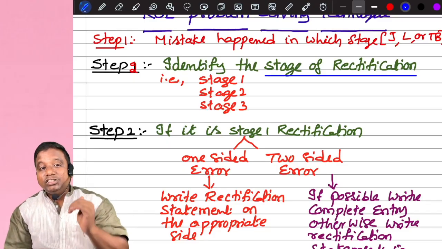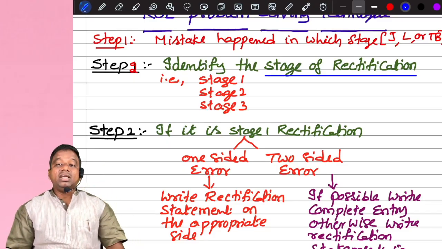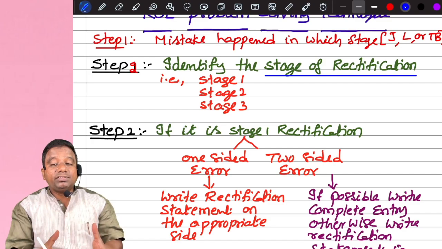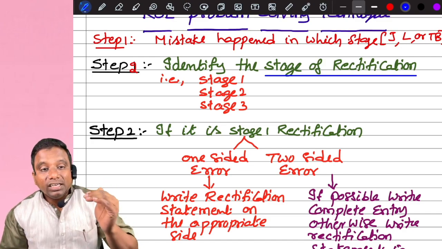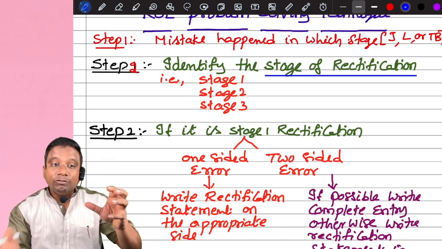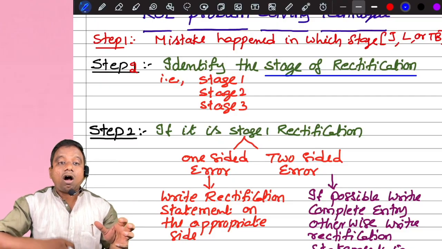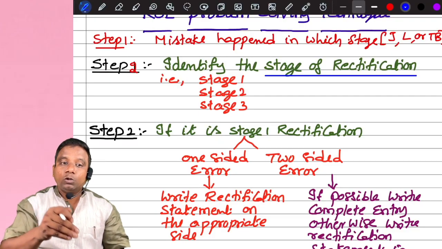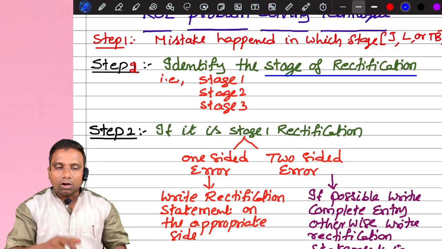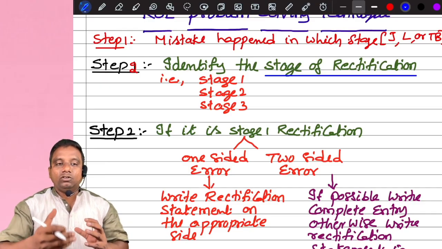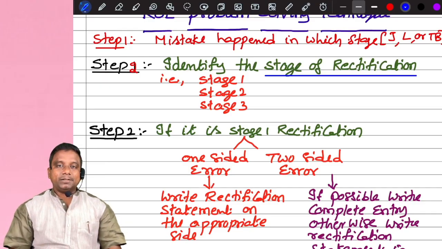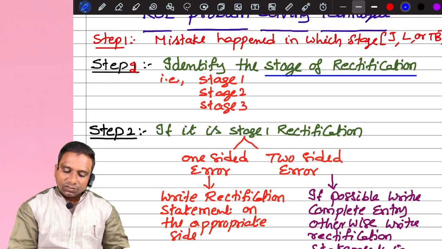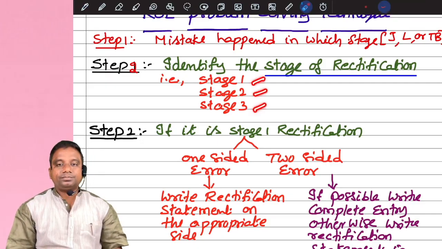In which stage did you identify the mistake? Whether before preparation of trial balance, or after preparation of trial balance but before preparation of final accounts, or after preparation of final accounts, that means next financial year. Stage 1, stage 2, stage 3.